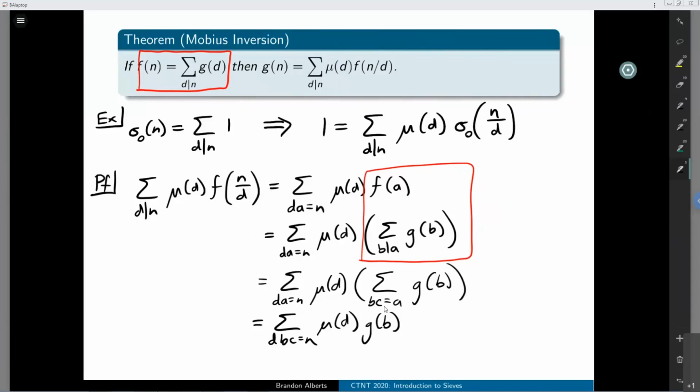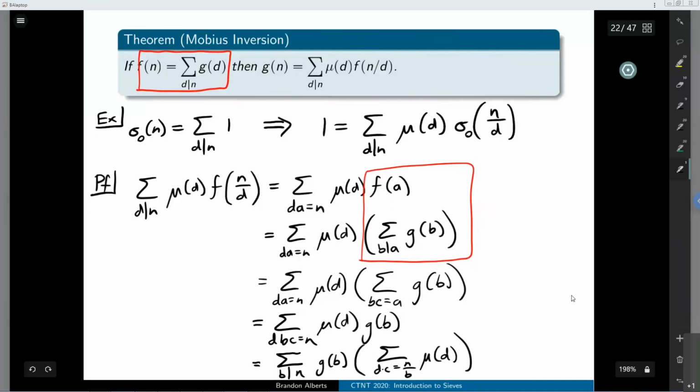Well, if we want the mu function in the inside sum, then g should be on the outside. So the very outside should be the sum over the possible values of b, g of b, and then times the sum of everything remaining. So d times c is equal to n divided by b of mu of d.